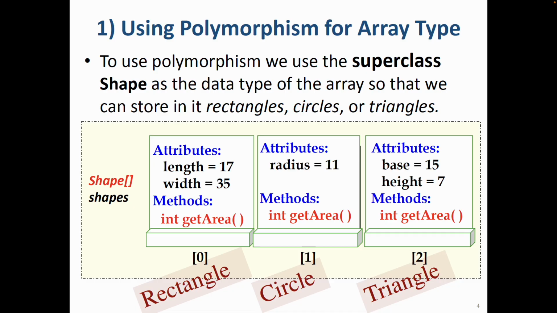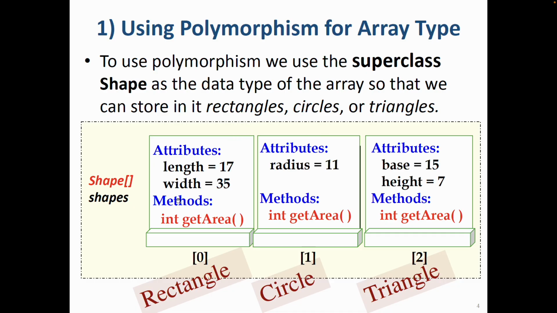But the thing is, when I write my code, I say that, okay, this is a shape array. So when we read the code, it's a shape array, but I can put in different objects that have the same inheritance relationship with the shape, like rectangle, the other one will be circle, the other one will be triangle. So I can keep them all in the same array list.